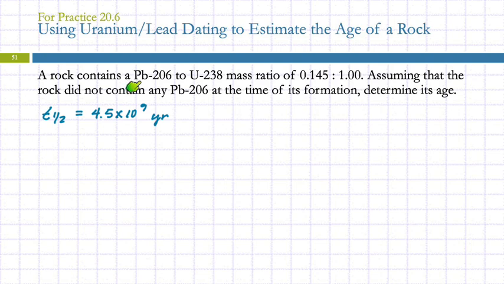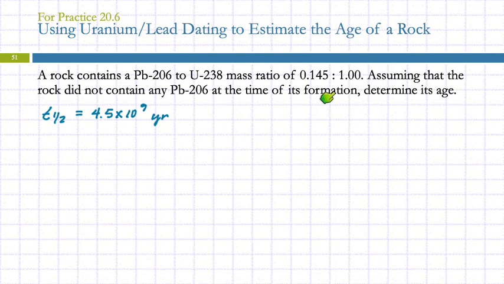The mass of lead-206 present now is not the same as the mass of uranium-238 that was originally present. So we have to convert it somehow, or go to number of isotopes. But it turns out we don't have to go that far.